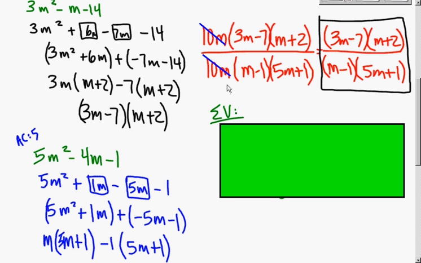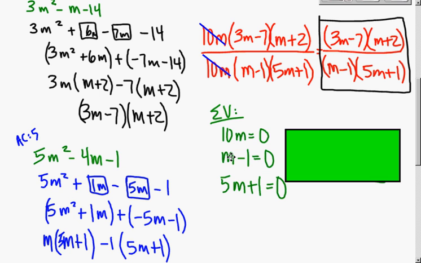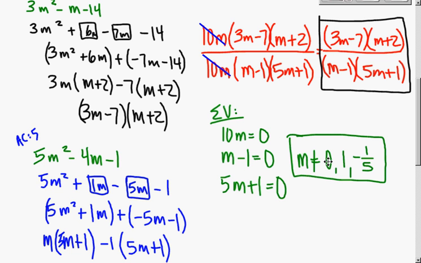Well, you have 3 terms that have a variable, so you need to set those 3 terms equal to 0. 10m equals 0, m minus 1 equals 0, 5m plus 1 equals 0. In each case, you would solve for m. When you solve each of those equations for m, you would find out that m cannot be 0, m cannot be 1, and m cannot be negative 1/5.